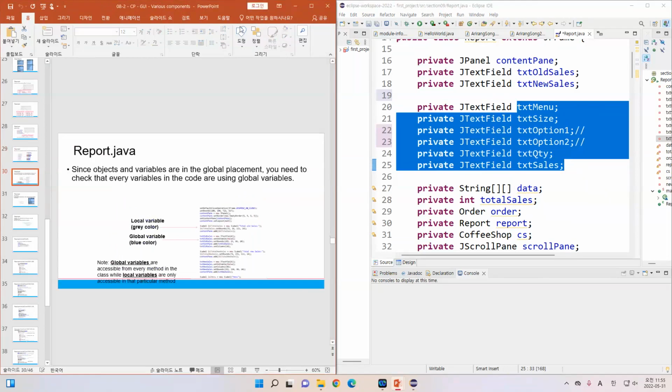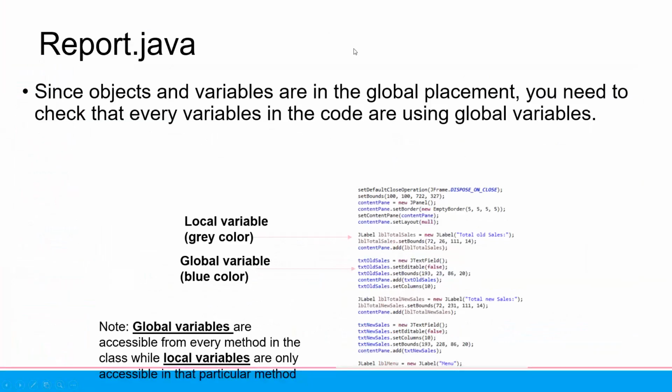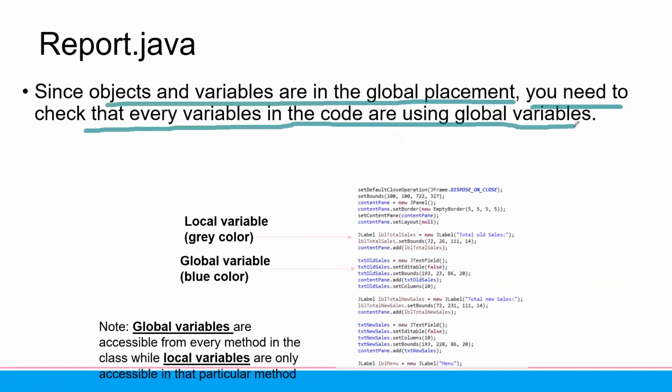As I mentioned to you, since the objects and variables are in the global placement, you need to check that every variable in the code is using the global variables.